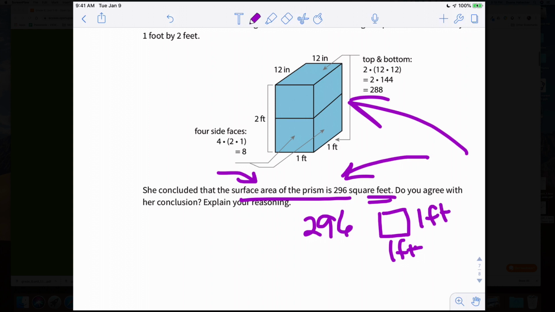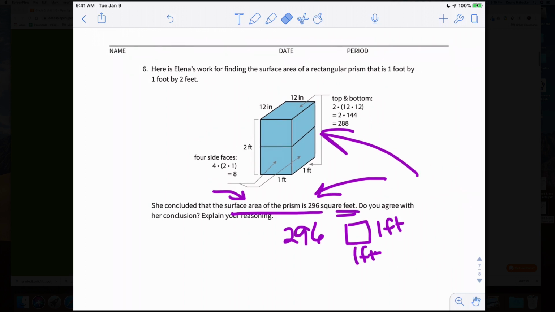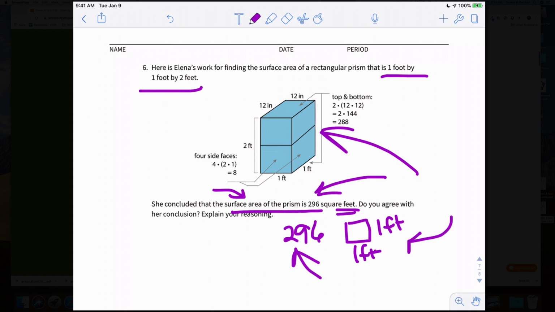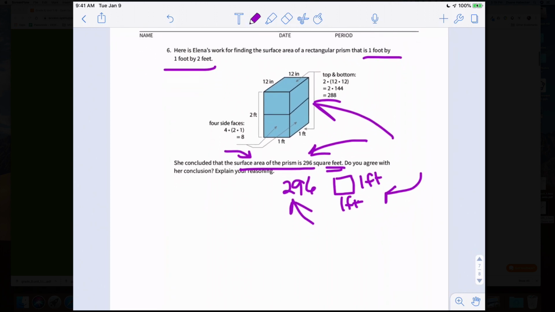There's no way, because they're describing this as 1 foot by 1 foot by 2 feet. There's no way it's going to require 296 one-foot squares to cover this thing. So it just doesn't make sense logically.